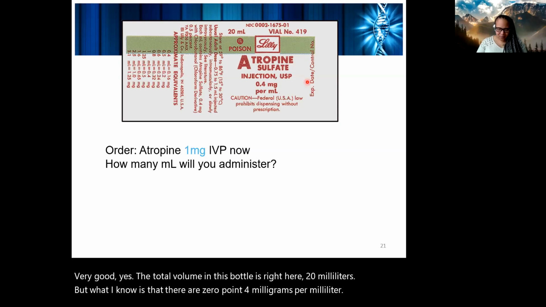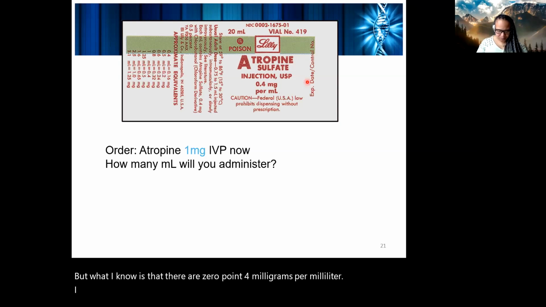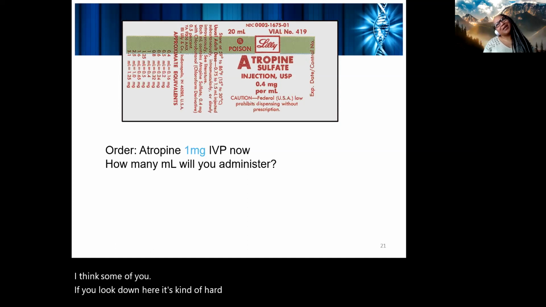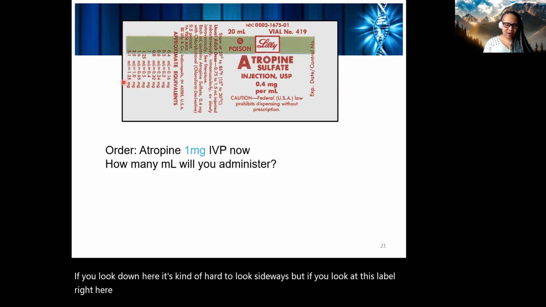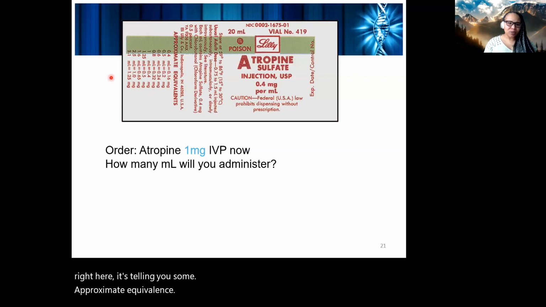Now, I think some of you, if you look down here, it's kind of hard to look sideways, but if you look at this label right here, it's telling you some approximate equivalents. So tell me how much medication, by way of the chat, is in 0.4 milliliters.